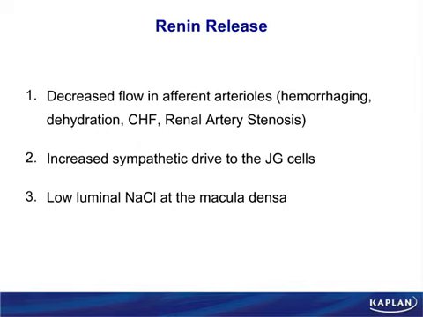Renin is secreted in high stress states, low volume states. Low luminal concentration of sodium chloride is a signal that you're in a low volume state, and that tells the macula densa to secrete renin. So number 3 is high yield, and a lot of students get that confused. It is low luminal concentration of sodium chloride at the macula densa that stimulates renin release. Very important to understand that. This is the ultrafiltrate, not the plasma.